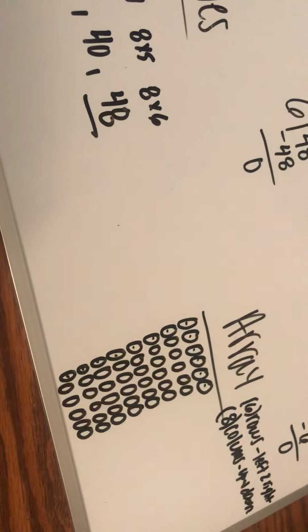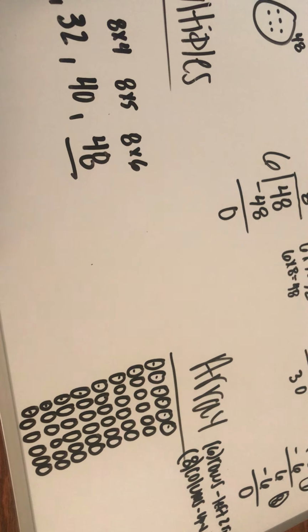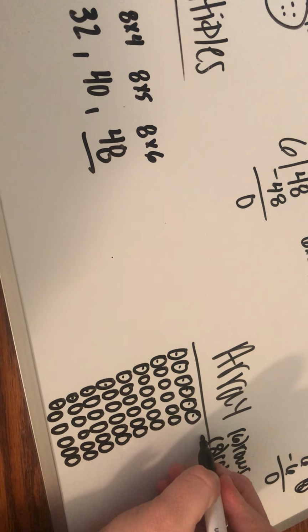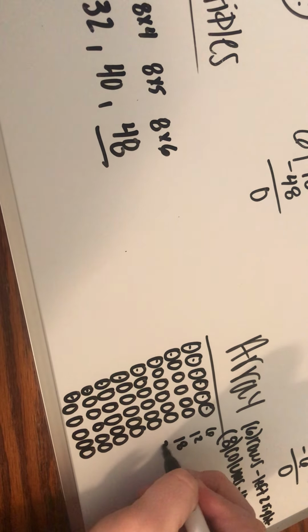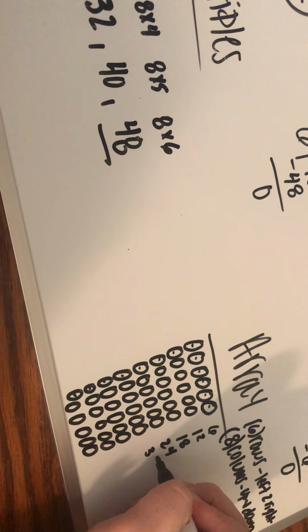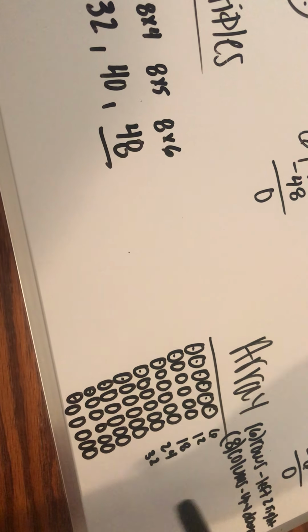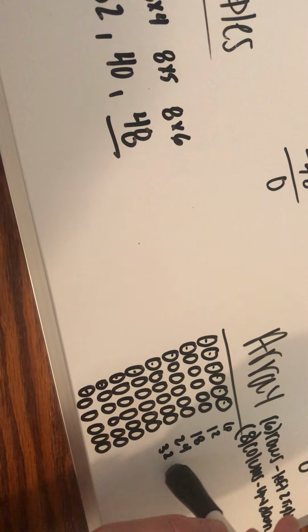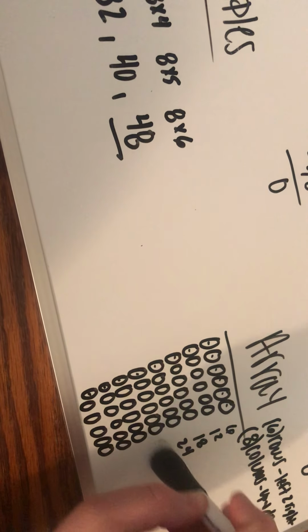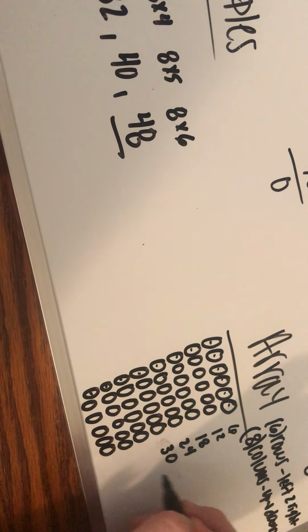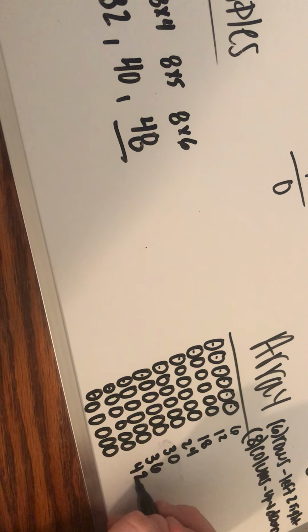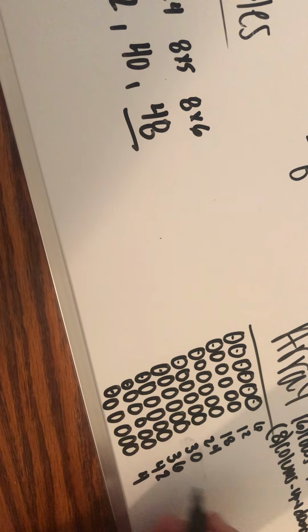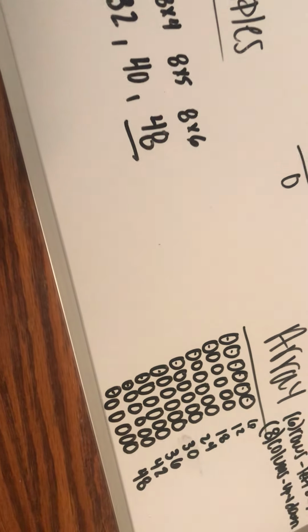Now, if you want to make sure you have the total of 48, you can go back and count. So 6, 12, 18, 24, 30, 36, 42, and 48. So I have a total of 48, which is correct.